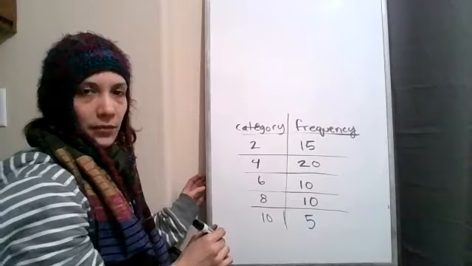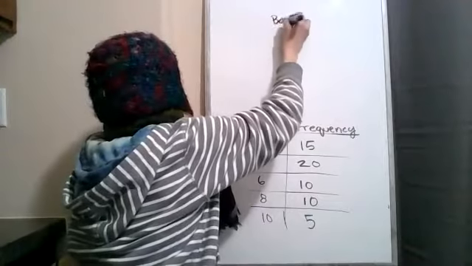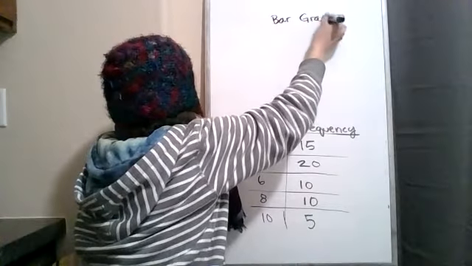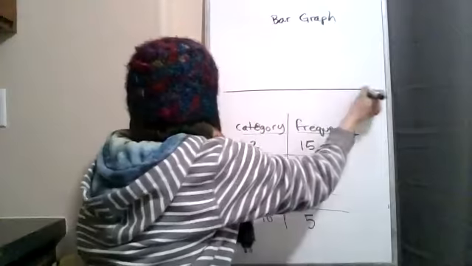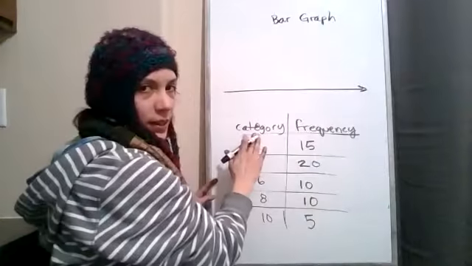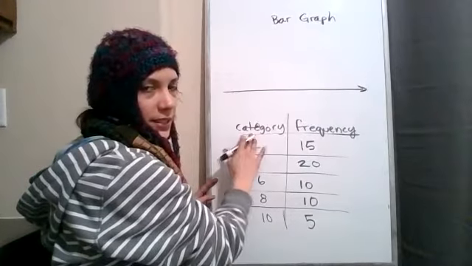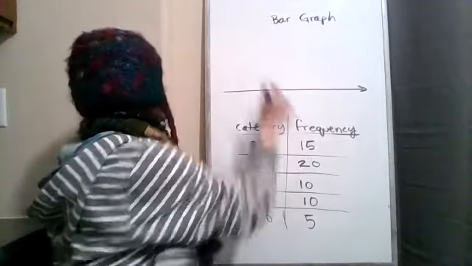Okay, the bar graph is here. I like to put the categories on the horizontal axis, and then the frequency on the other axis.